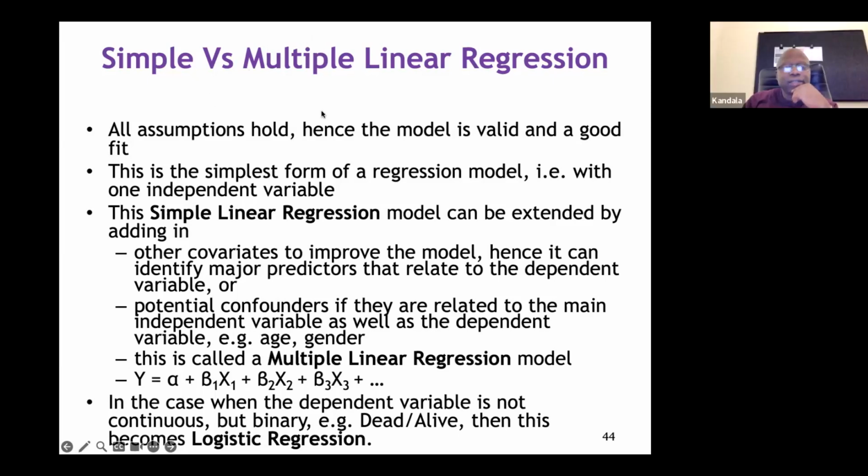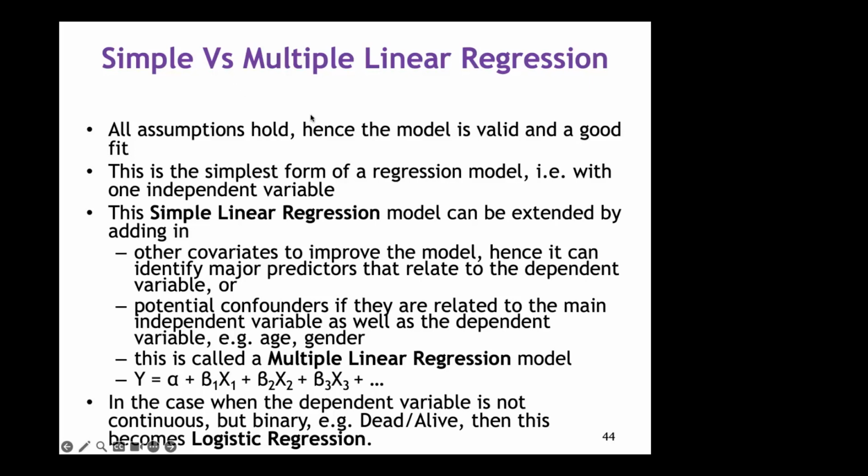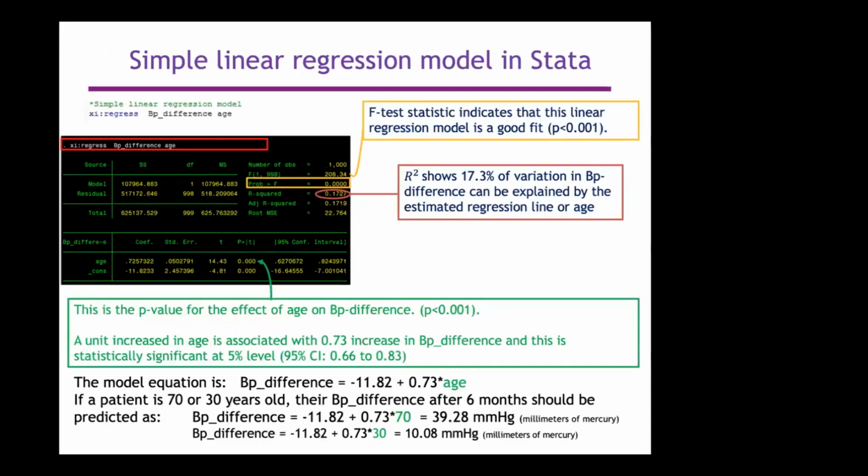Kelvin, I have a question. Yes, please, go ahead. Can you please go back to the previous slide? I just wanted to ask, based on the p-value, I understand that it's a good fit, but R squared only explains 17%.